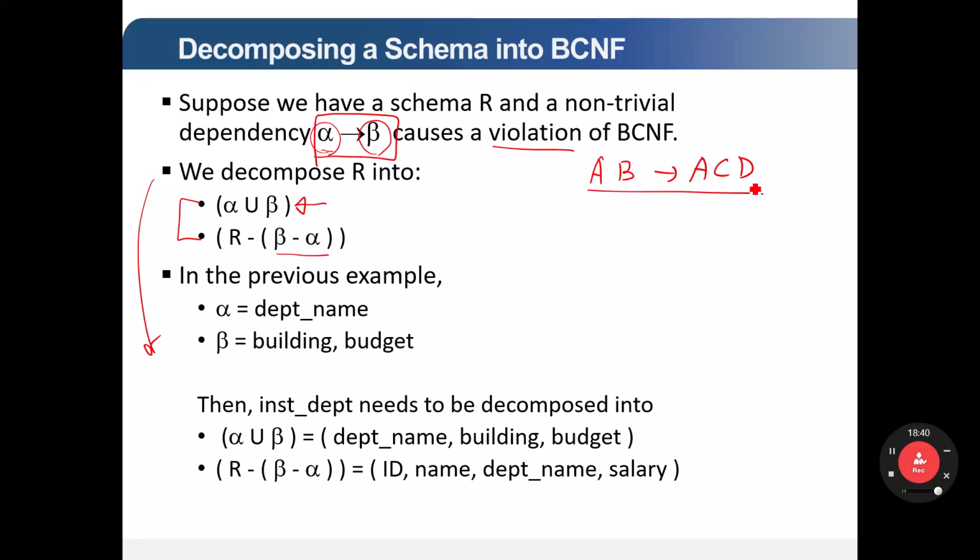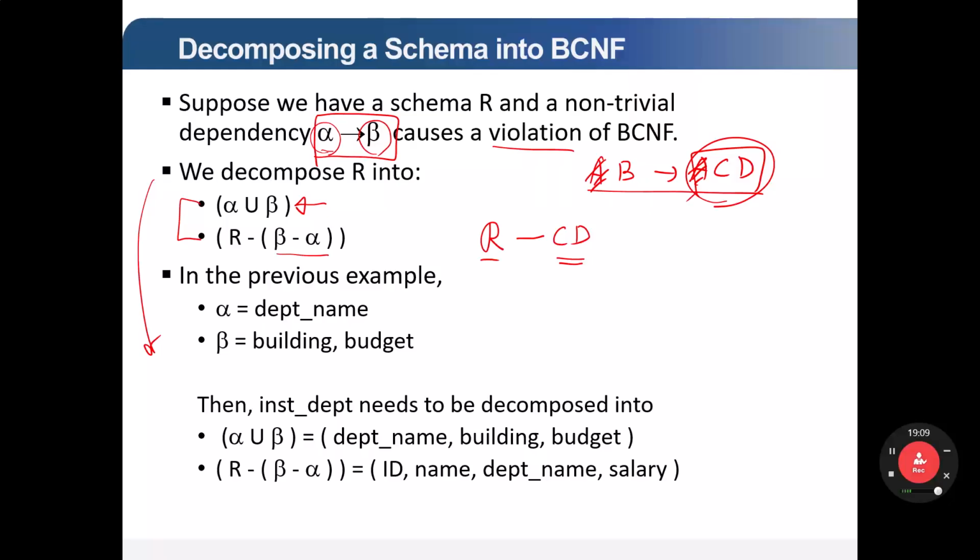If you find this functional dependency violates BCNF, then just remove those duplicate attributes from both sides, and then from the original table, you just deduct the dependent attributes. You just choose the right side and delete it from the original table. That is going to be your second table.